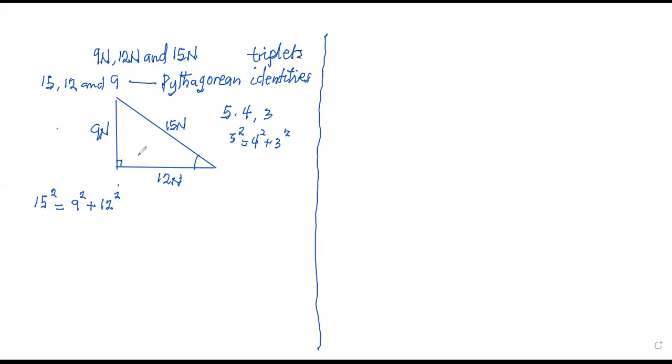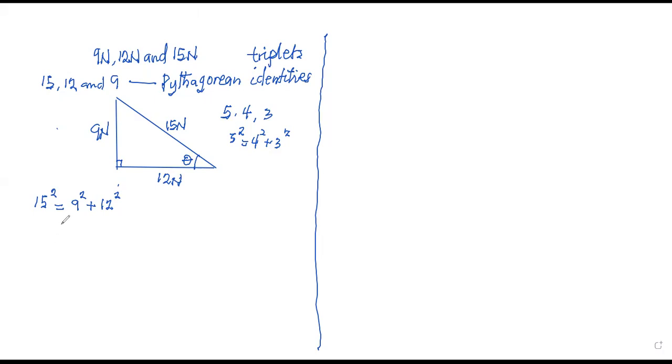So if you understand this, you can quickly represent these three forces as the sides of the right angle triangle, and then determine whatever you are being asked for. The question asks that we find the angle between the 15 and the 12. So this will be the angle, theta.